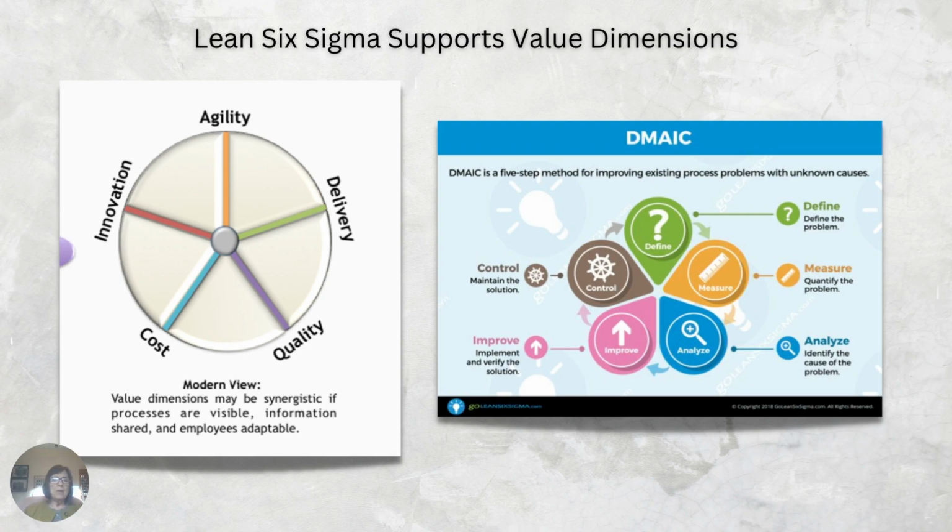We have five elements of our value dimensions: agility, delivery, quality, cost, innovation. Those don't just happen on their own. We have to have some kind of foundation to help drive the dynamic changes that occur based on the business needs and the external and internal environments of the business.